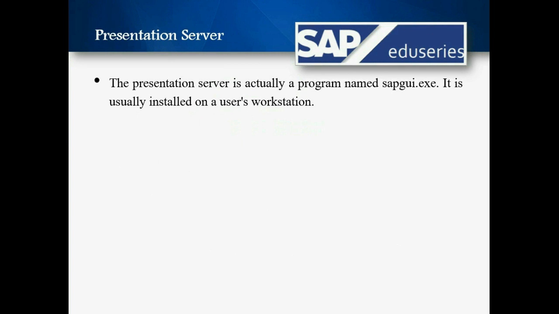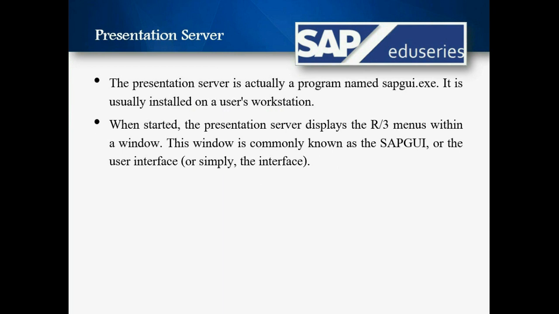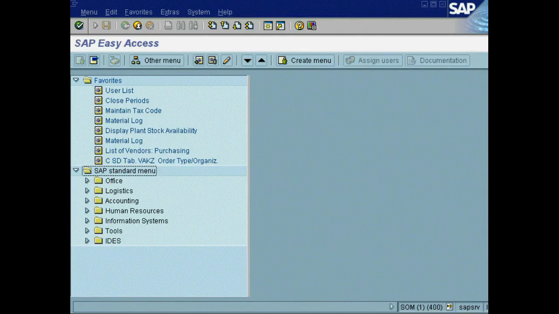The presentation server is actually a program named SAPGUI.exe. It is usually installed on a user's workstation. When started, the presentation server displays the R3 menus within a window. This window is commonly known as the SAP GUI, or the user interface, or simply, the interface. Here you can see R3 user interface.